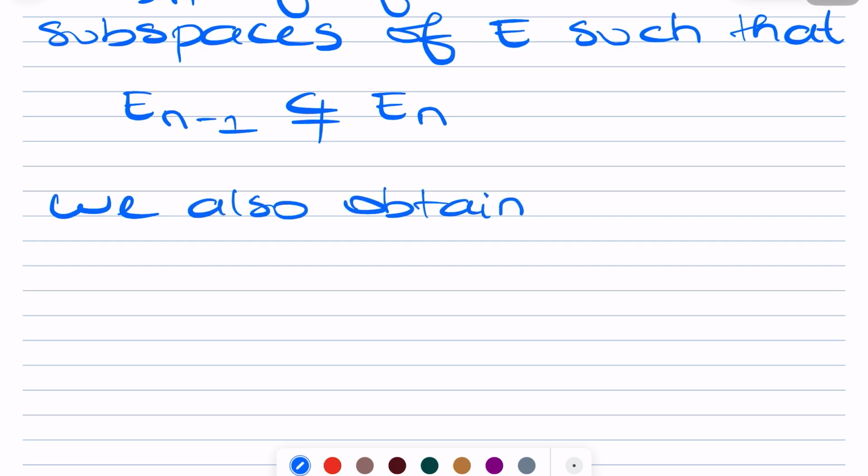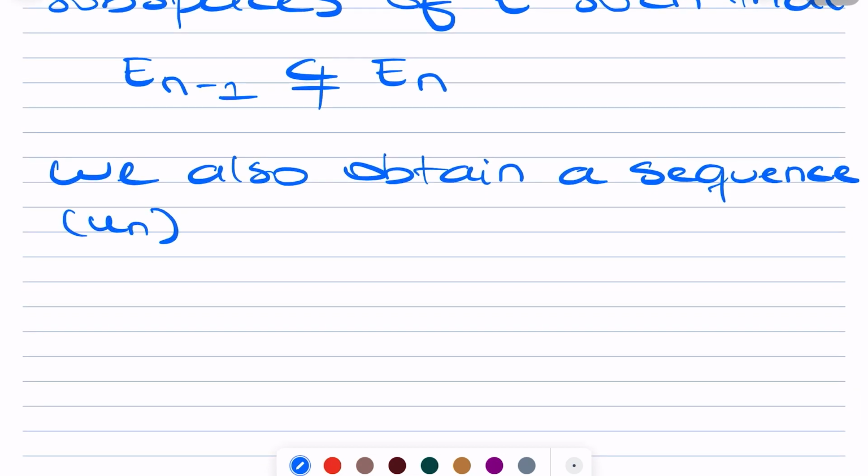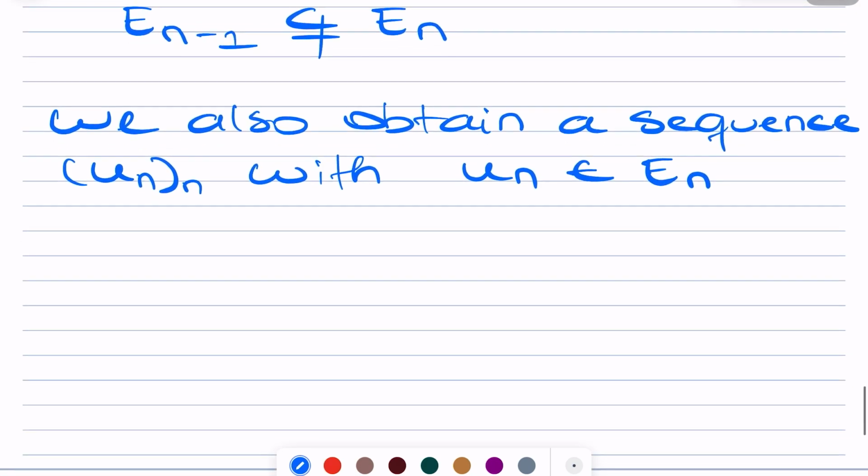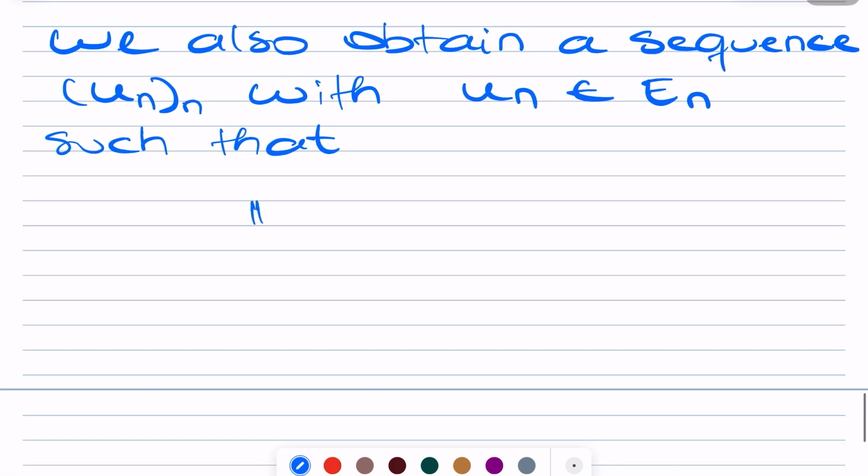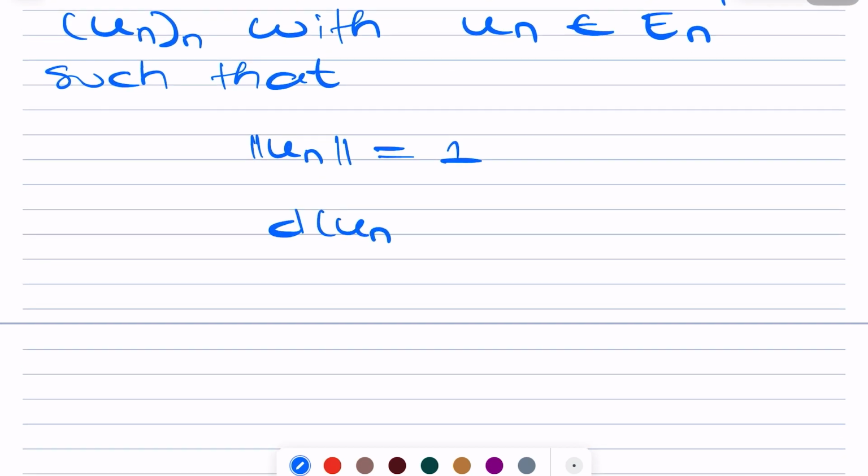We also obtain the sequence un, with un in En, such that the norm of un equals 1 and the distance of un to En minus 1 is greater or equal than 1/2, right?